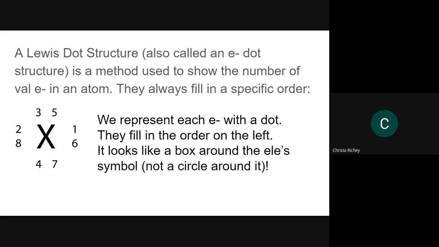There's different phrases, but it's a Lewis dot something. And these dots are how many valence electrons they have. It's the same number as their group number. Once again, not a circle, literally like a box. You got north, south, east, west.